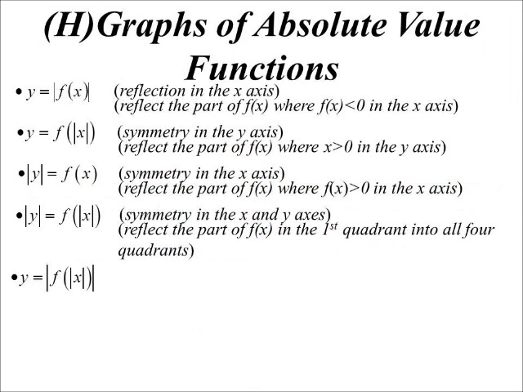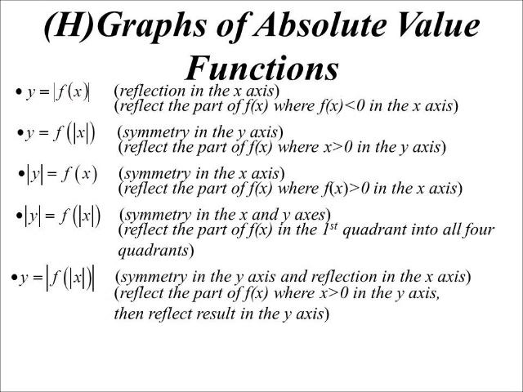Okay, what about y equals the absolute value of function absolute value x? This is where it becomes a little bit easier now, because we already know what y equals function absolute value x is. And it's like saying, do the absolute value of that curve. So it's like we combine the first two.